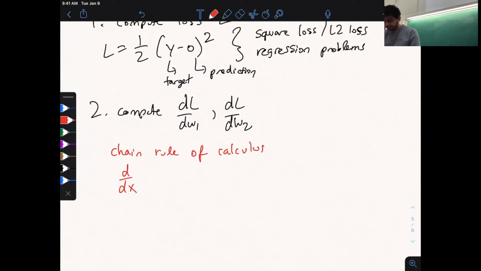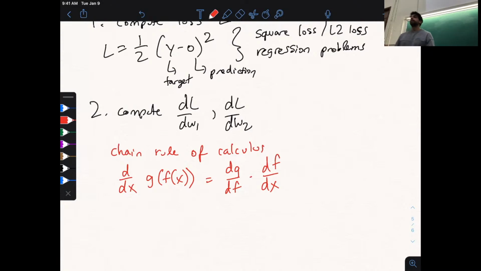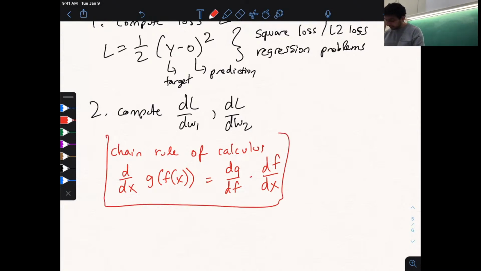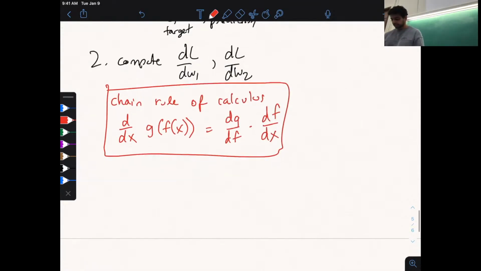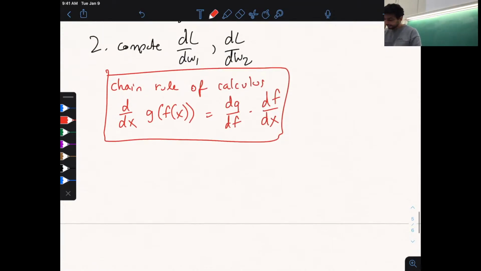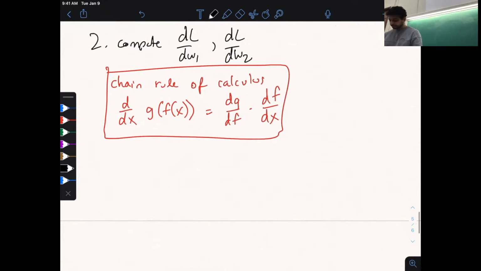If we want to differentiate the function g of f of x, we first differentiate g with respect to f and take the product with the derivative of f with respect to x, right? This is a very basic thing that you probably learned in like the first or second lecture of calculus. And that's all the math that we really need to know in order to compute these derivatives.